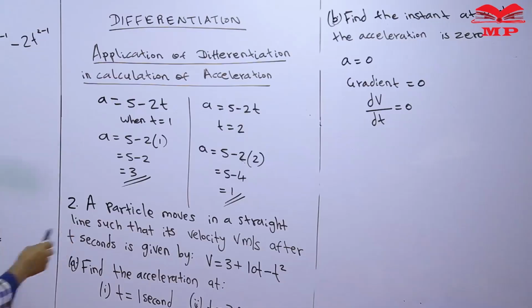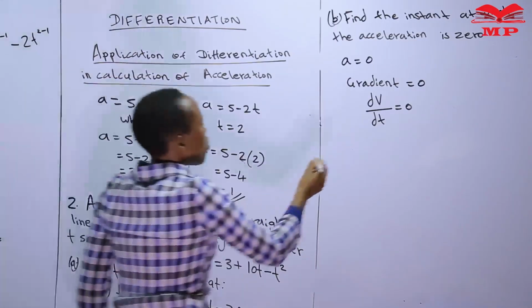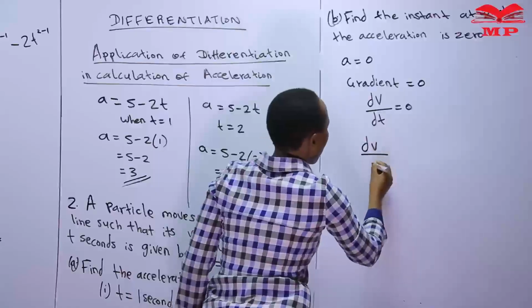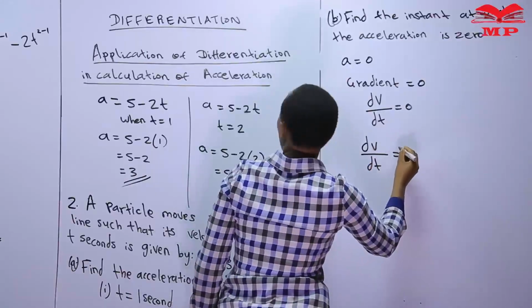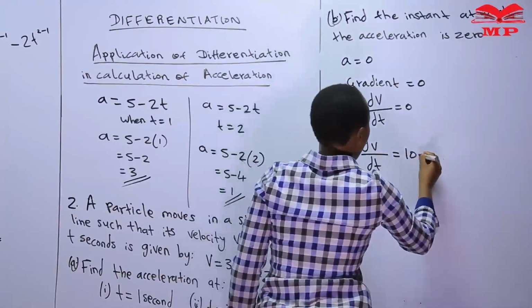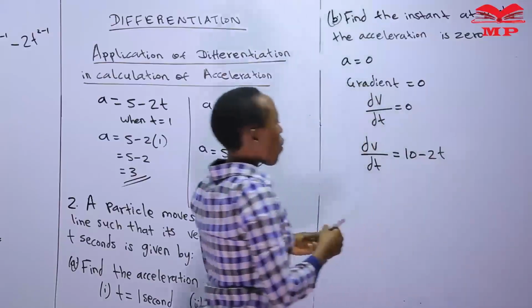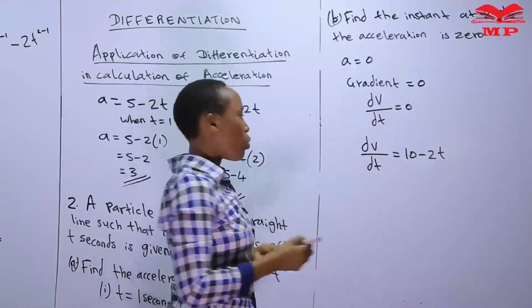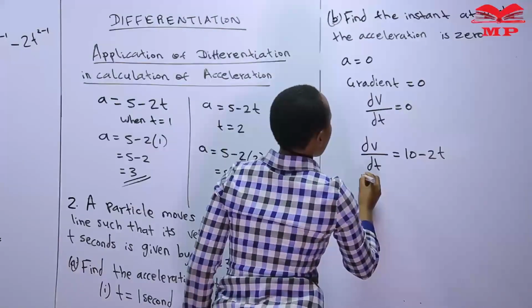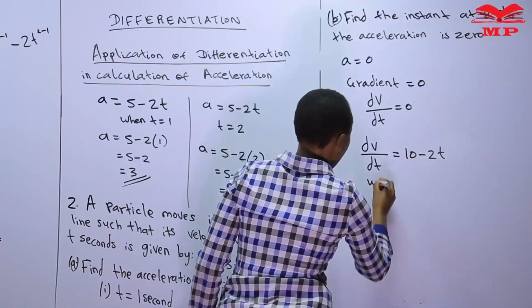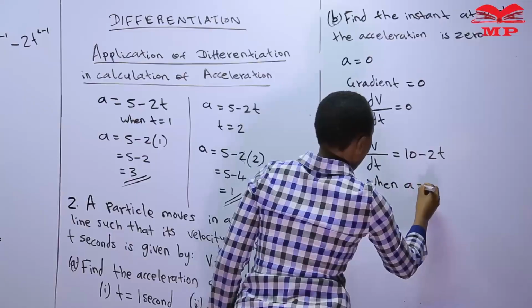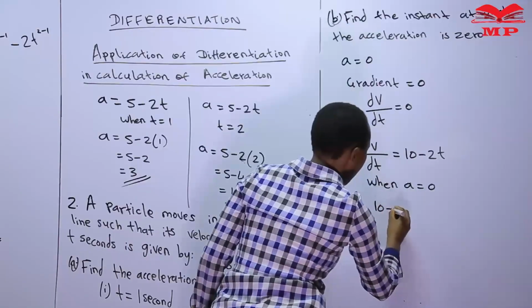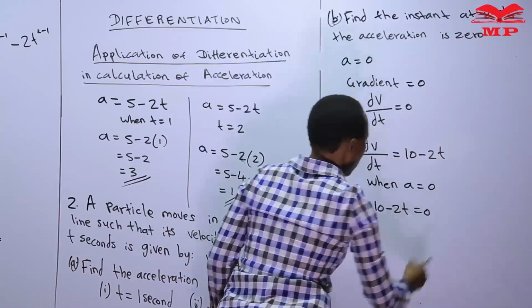So we have the dv dt here, which is 10 minus 2t. So our dv all over dt is equal to 10 minus 2t. Our acceleration is 0 when the gradient function is 0. So when a is equal to 0, we have 10 minus 2t equal to 0.